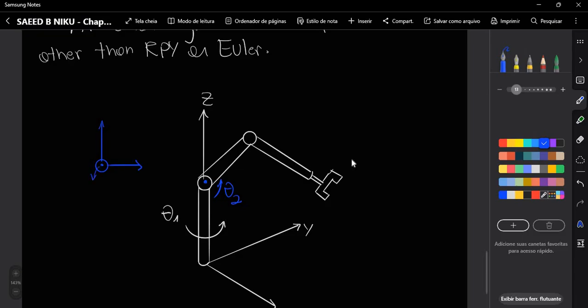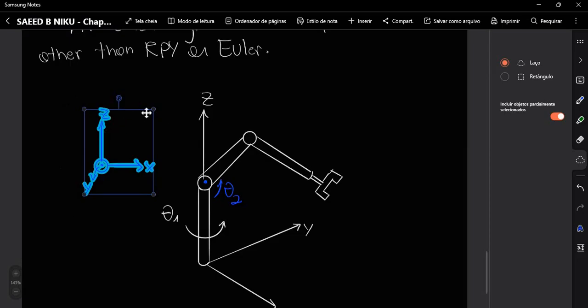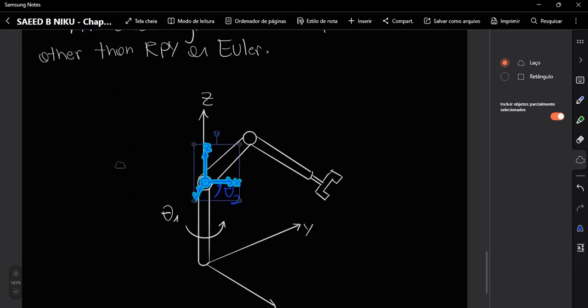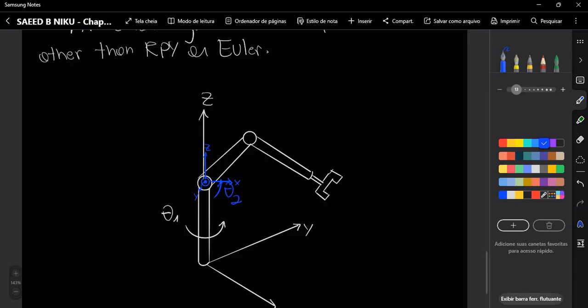And let's say that this is Y, and this is X. Something of this nature. And right here, the same thing.